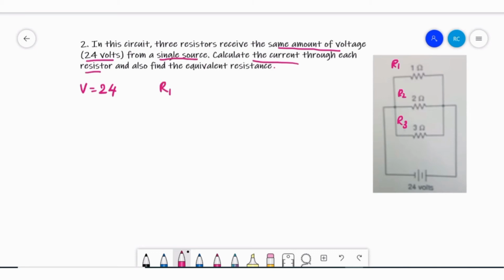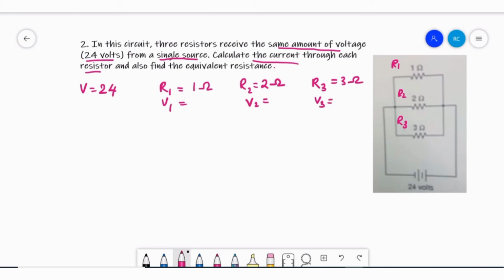R1 will have a current I1. R1 here is 1 ohm, so its current I1 is what we need to calculate. Then R2 is 2 ohm, so its current will be I2. And R3 is 3 ohm, and its current will be I3.